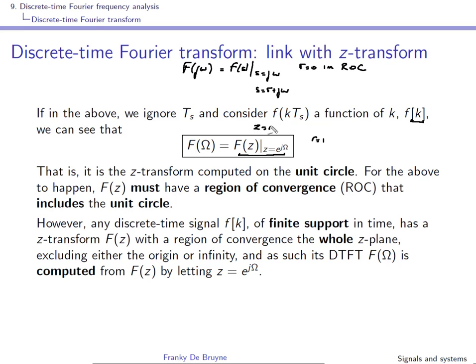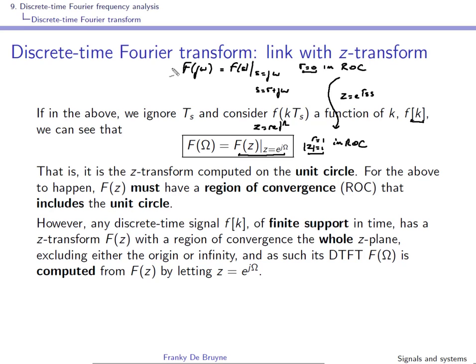Here z is r e to the j omega, so in order to write this, r is equal to 1, so the modulus of z equal to 1 is in the region of convergence. If this is the case, this is a simple way to obtain the discrete time Fourier transform. This should not be a surprise, because by this relation, the link between the z domain and the s domain, the j omega axis is mapped to the unit circle.